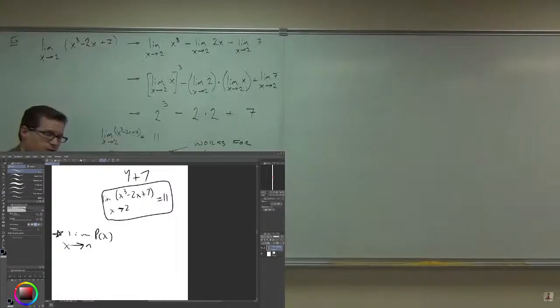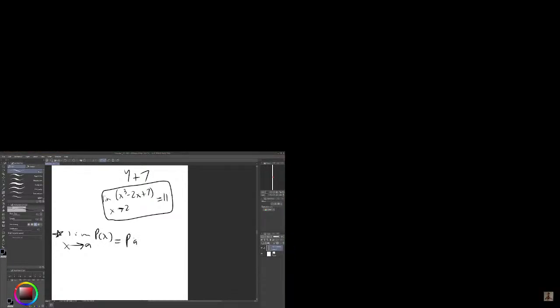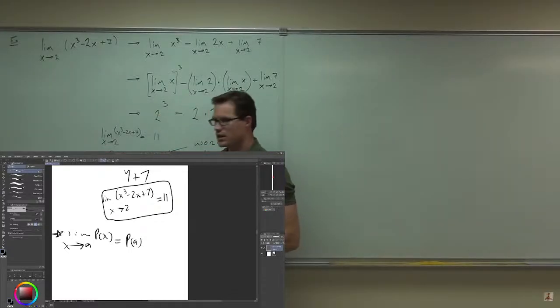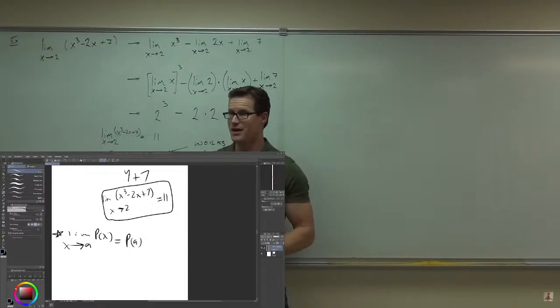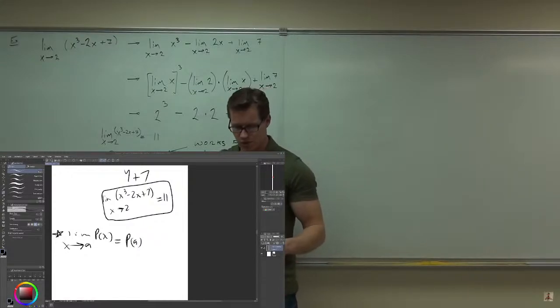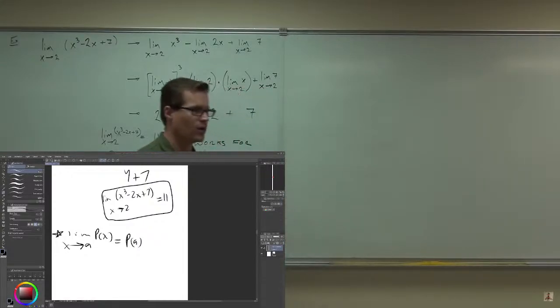That's exactly right. It says evaluate the function at that point. Basically, here's what it says in English. To find the limit of a polynomial, just plug in the number. That's what it says. Can y'all do that? Oh yeah, that's great.